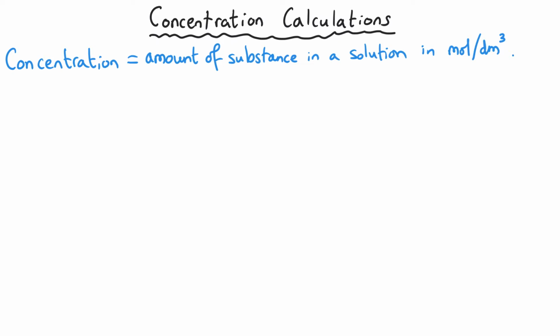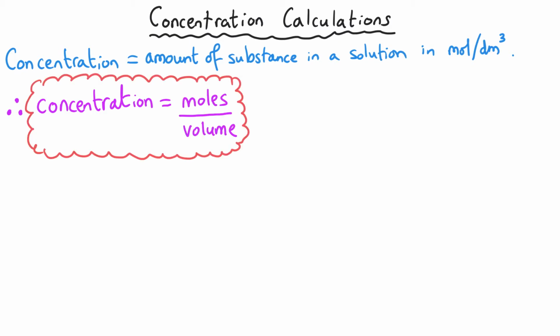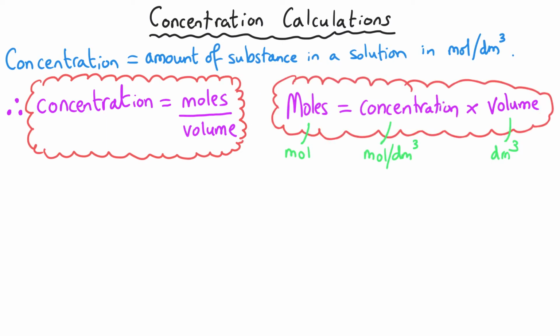That's all important because that allows you to work out the relationship between concentration, moles and volume, because concentration must be equal to moles divided by volume in cubic decimetres, because that's literally how you would write as a fraction moles per cubic decimetre. More usefully, the relationship, I think, can be expressed as moles is concentration multiplied by volume. I prefer this one because it's easier to rearrange it and make concentration or volume the subject of your calculation once you've got those numbers put in.